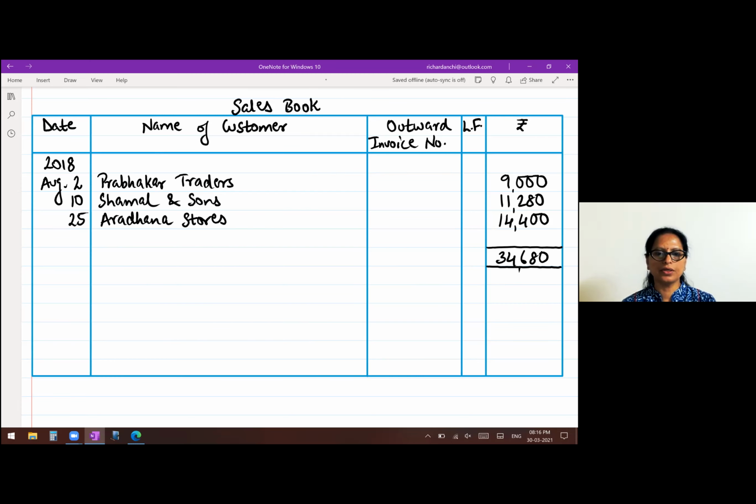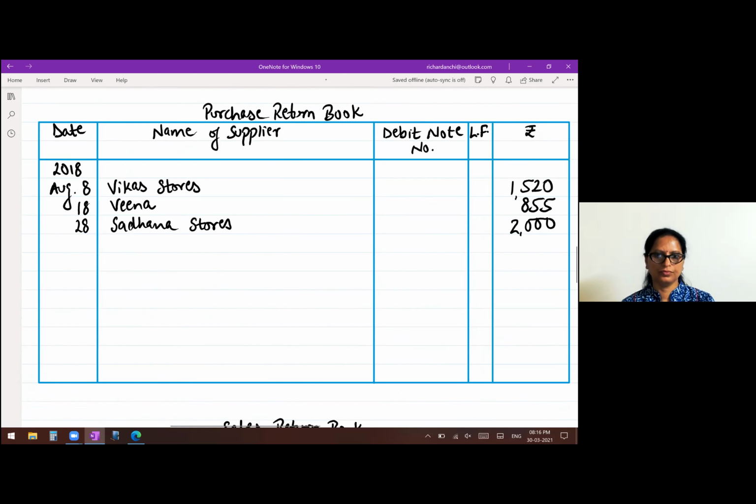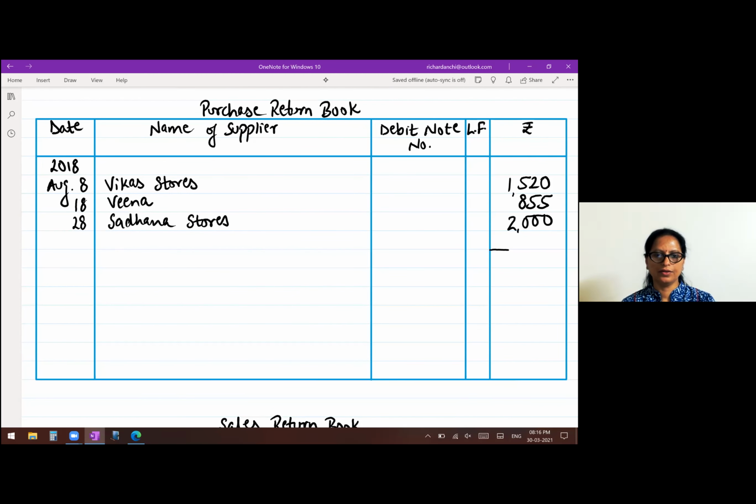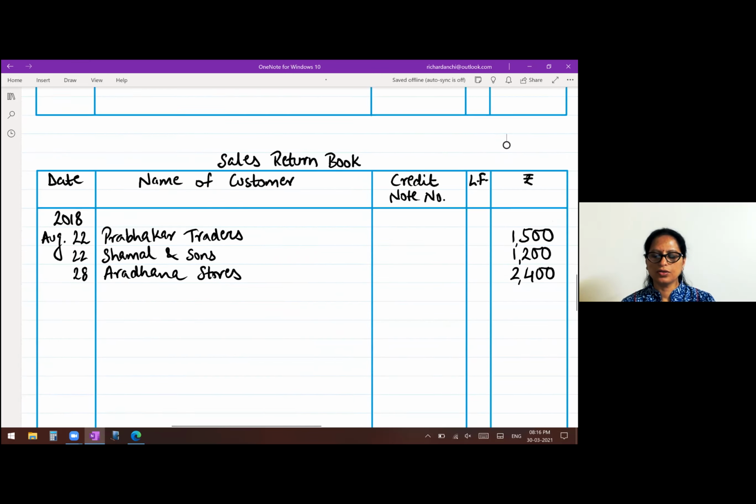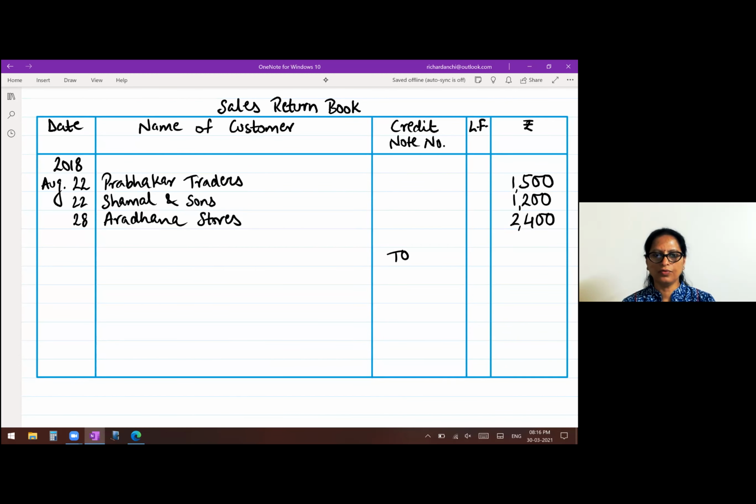Next, purchase return book. So there, 3 figures, 4,375. Next is sales return. So in your sales return, total of the 3 transactions, 5,100. And you will also total up the journal proper.